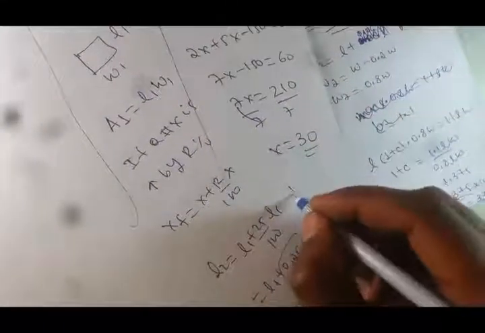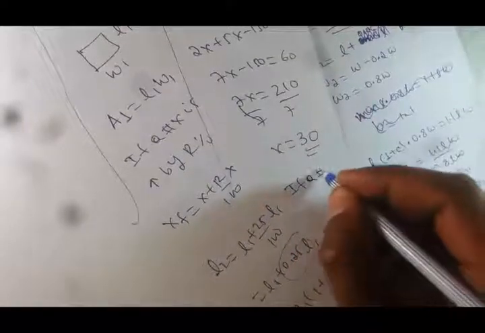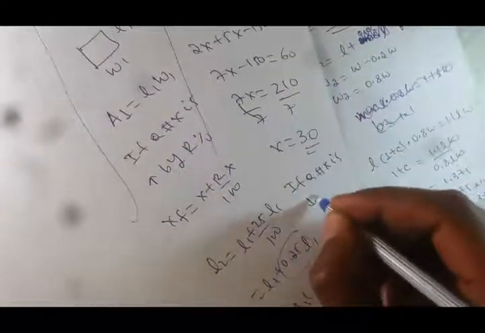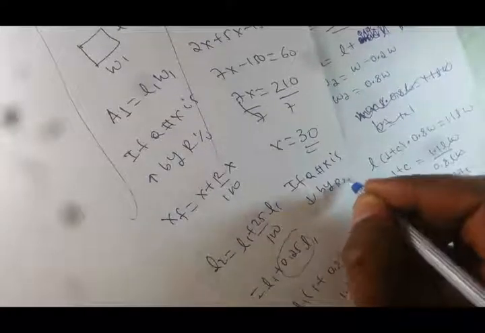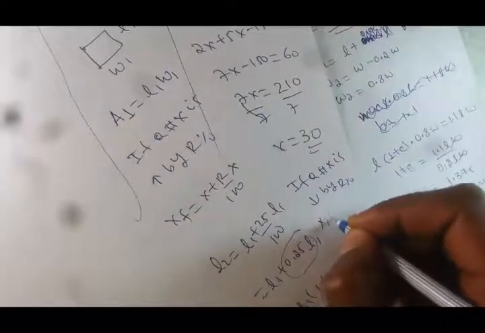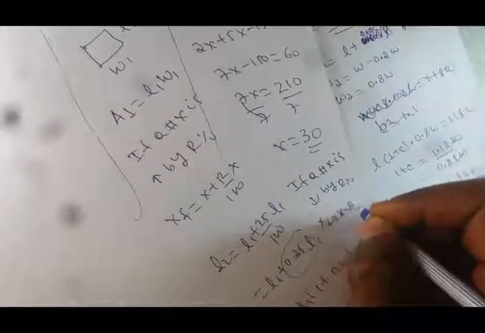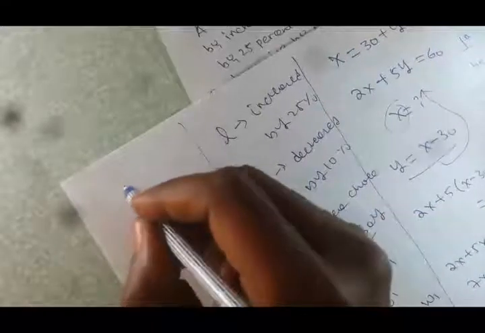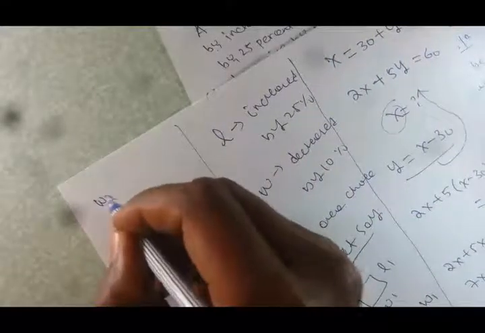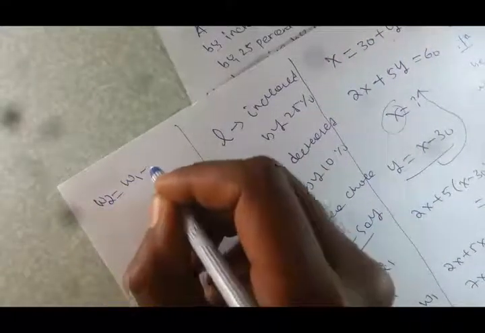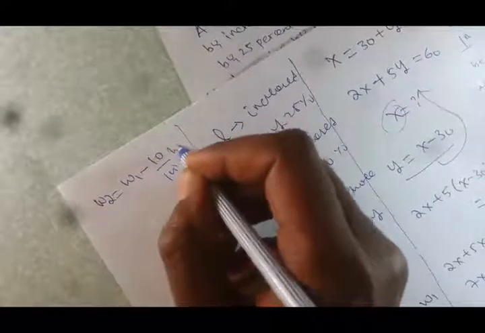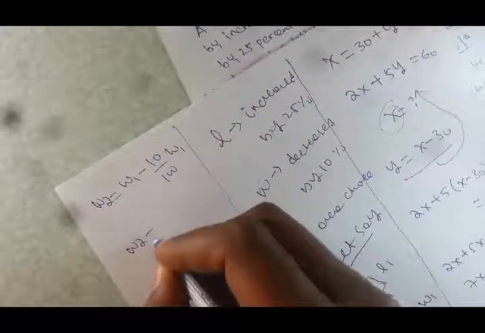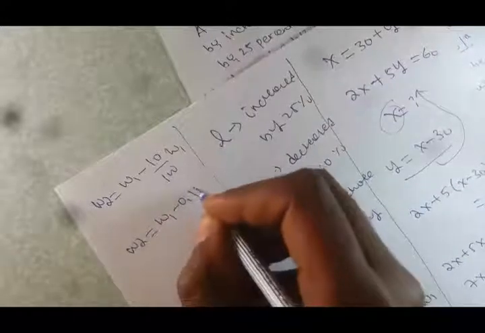And if a number x is decreased by r%, then x final will be x minus r over 100 of x. Therefore, in our case, w is decreased. Therefore, w2 is equal to w1 minus 10 over 100 of w1, which is w1 minus 0.1 times w1.